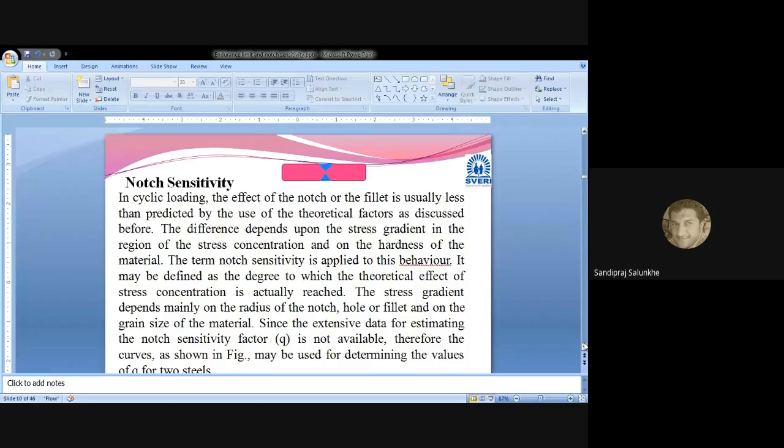The physical significance of notch sensitivity is that if we create a notch on any component which is subjected to stress, the stress concentration will increase because of that notch.